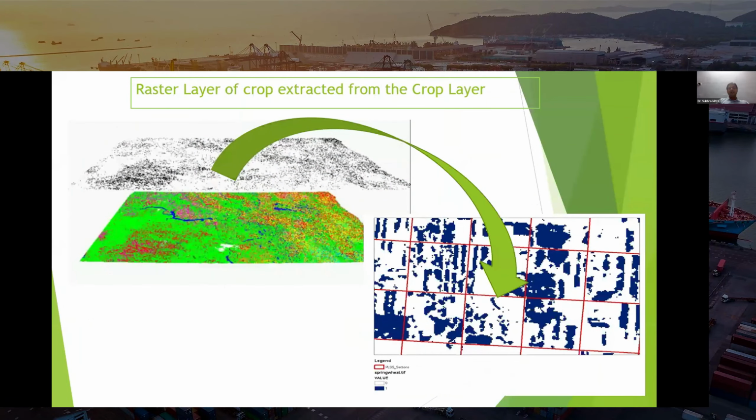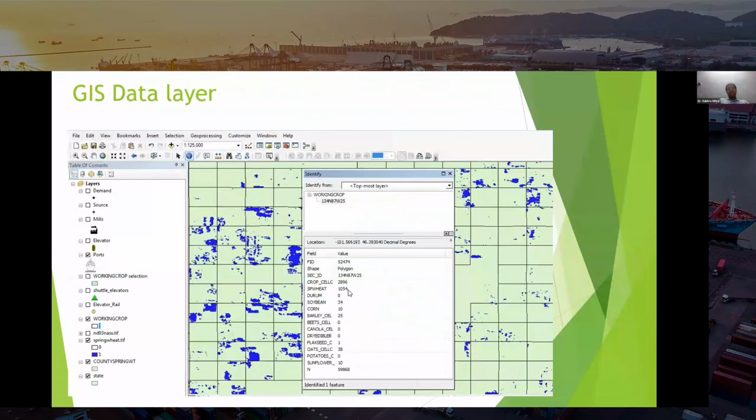Over here we see that the grid is laid over the crop data layer, and the crop coverage in each of these grids is estimated. We developed a program which calculated the area of crop coverage in each of those grids. This is a snapshot of the GIS data.